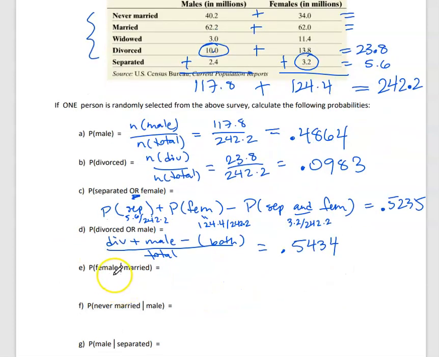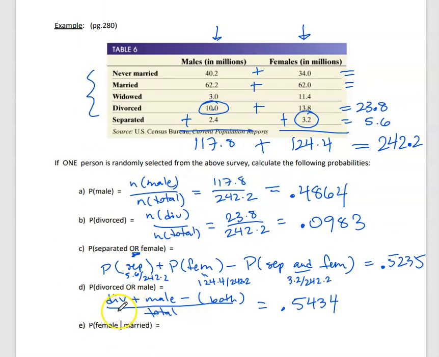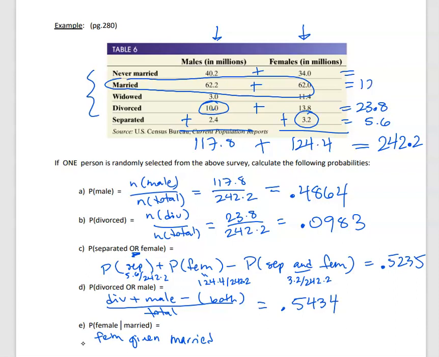What about now some conditional ones? Probability to be female given that you're married. Female given married. So we know that we're looking just out of the married people. It's given that they're married already. So we're looking just right in here at the married people, which there are 124.2 of those.